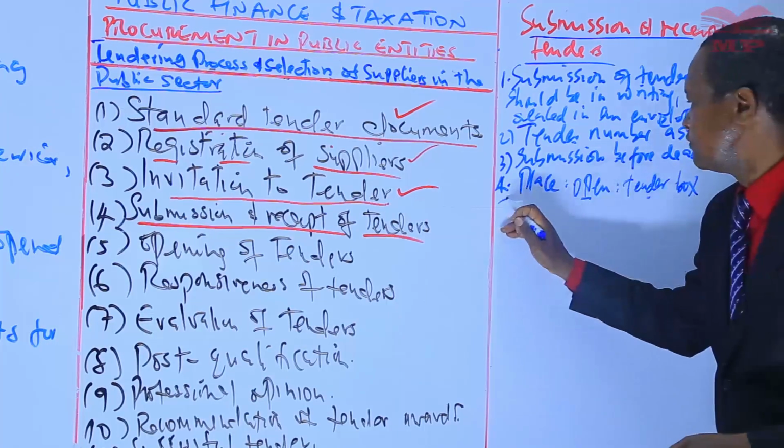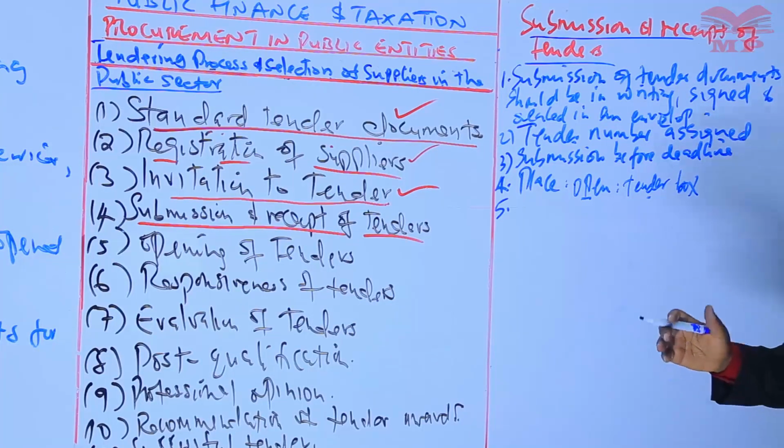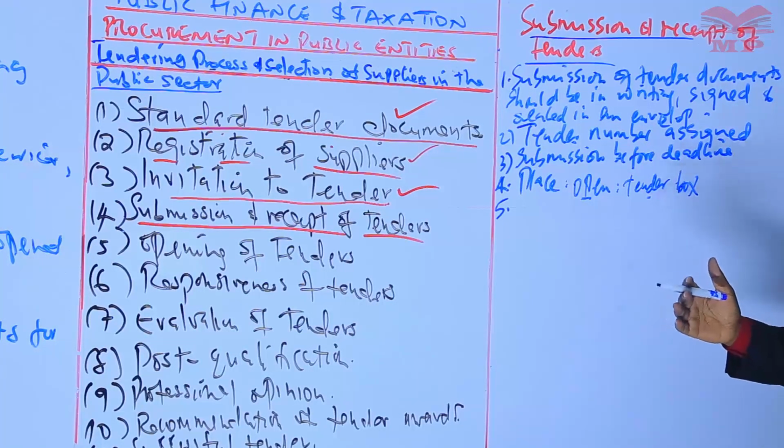Number 5 is a point on unopened placement.